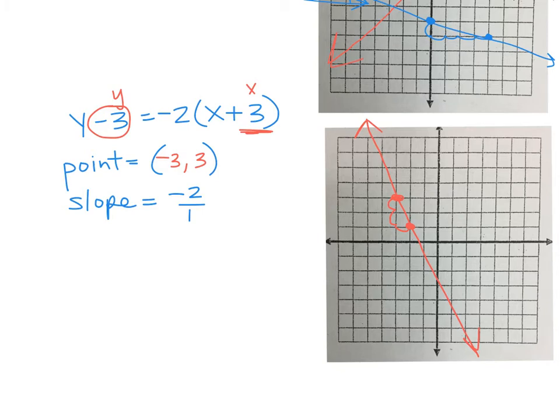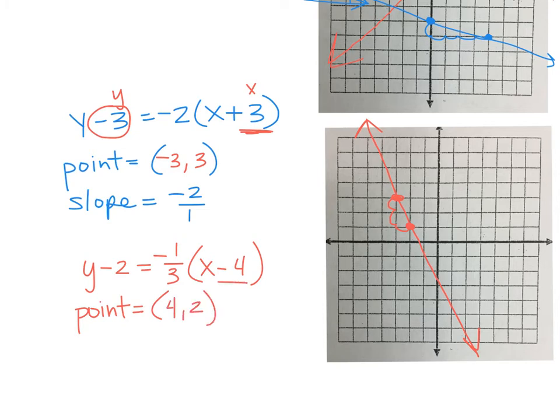Okay, how about this one? y minus 2 equals -1/3 times x minus 4. What's the point? +4, +2.